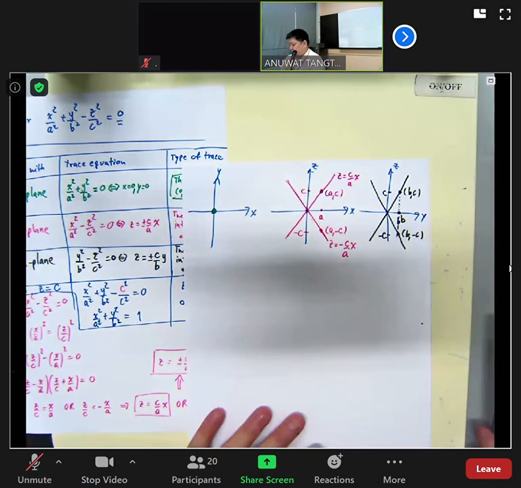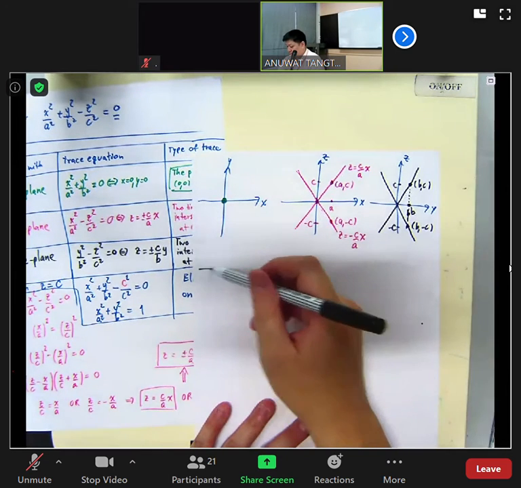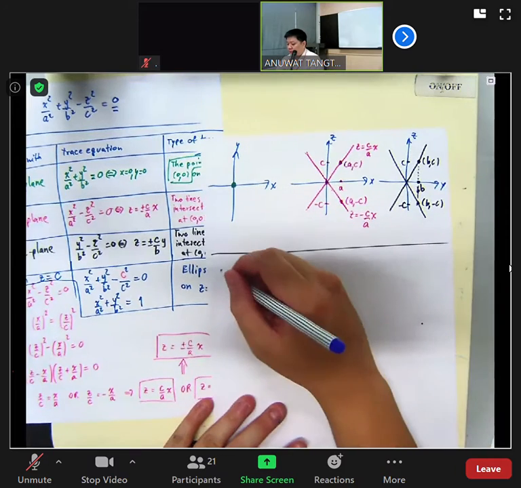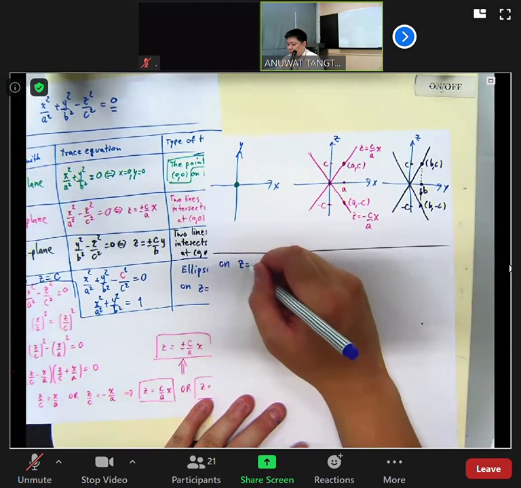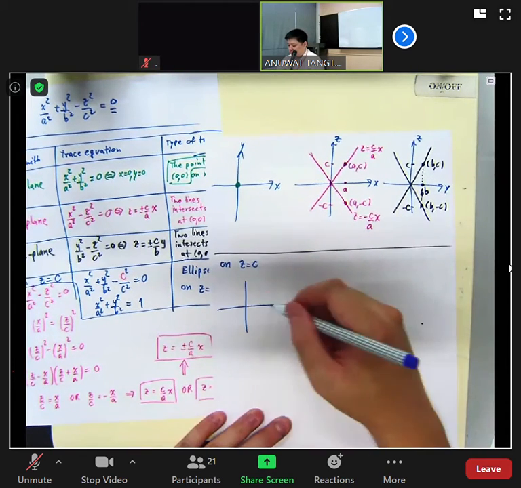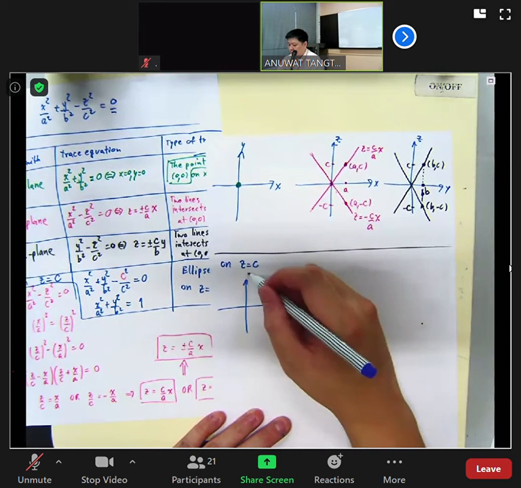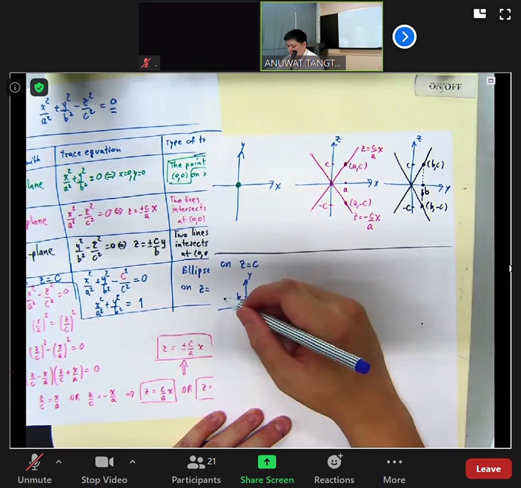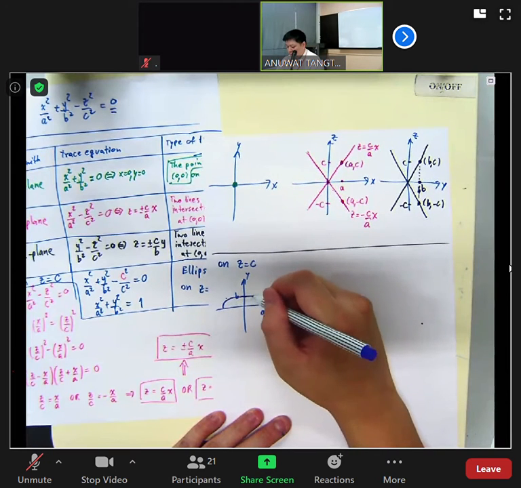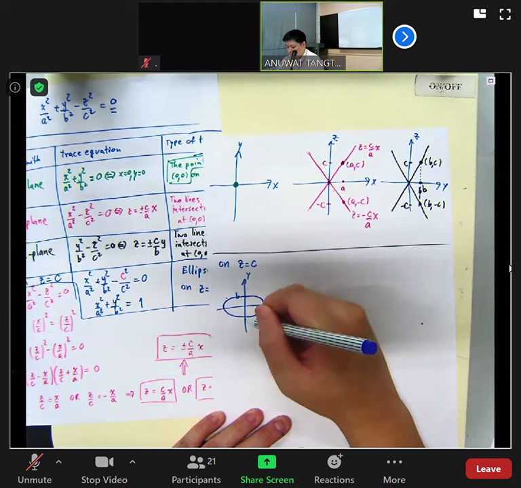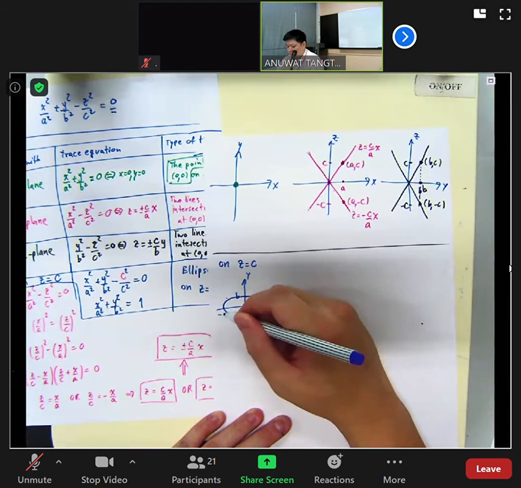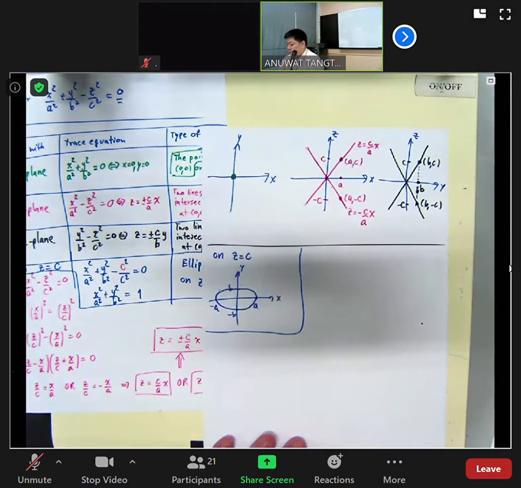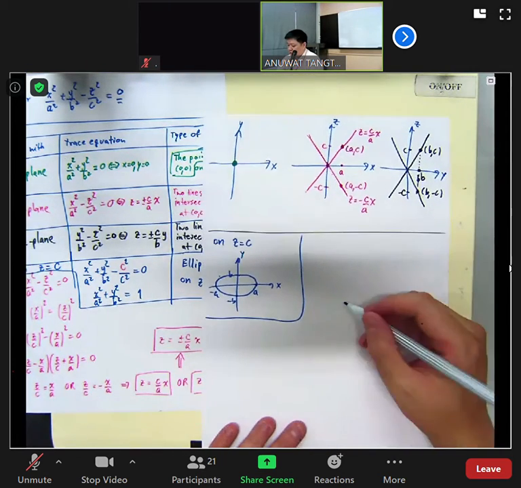And so on. Now, on z equal to c, we can get the ellipse. Just keep it like that. Now combine this onto the three-dimensional space.